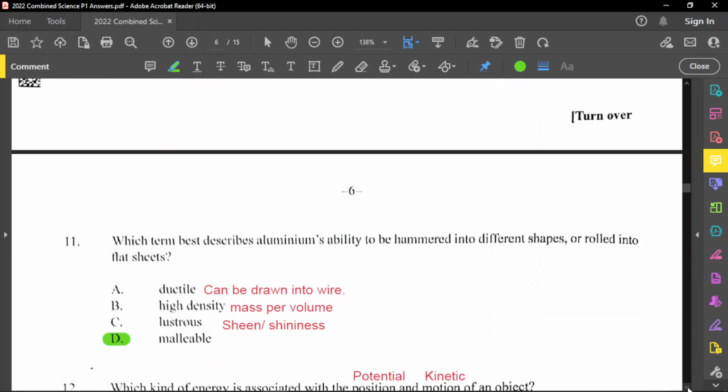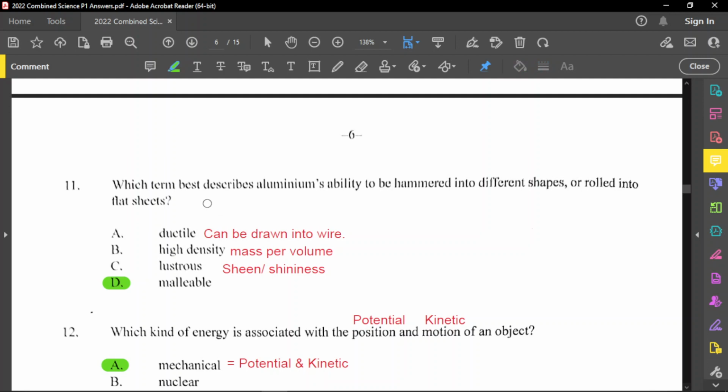All right. Question number 11. It said which term best describes aluminum's ability to be hammered into different shapes or rolled into flat sheets? To shape any metal, the property is malleability. So it is malleable. Just to make mention of the word ductile: ductile means that it can be drawn into wires.